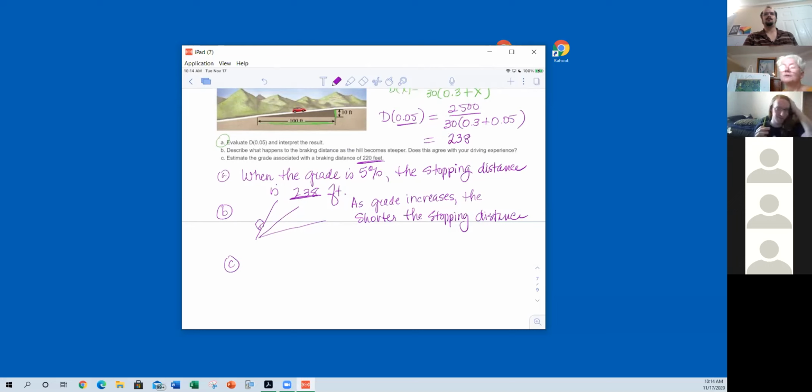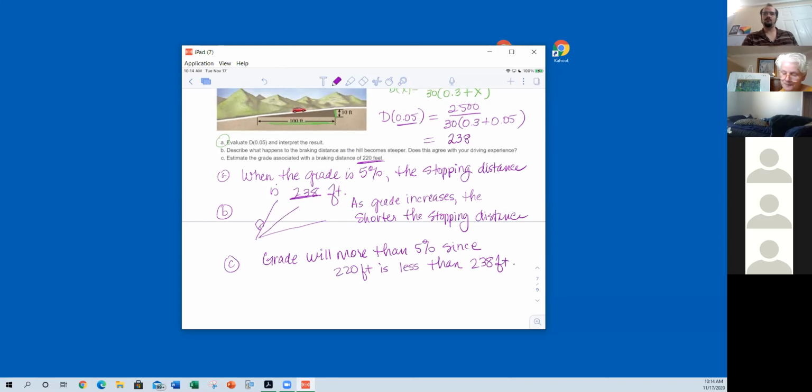Your grade will be steeper, right? So we know right off the bat that the grade will be more than 5% since 220 feet is less than 238 feet.